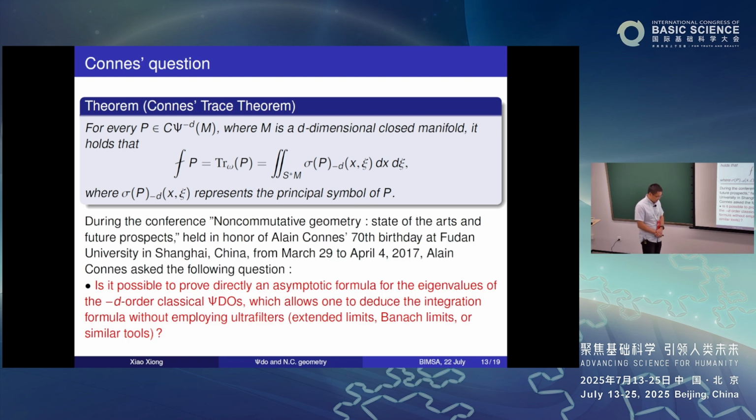So here let me introduce the question raised by Alain Connes at his 70th birthday ceremony in Shanghai. So he asked that for a pseudo-differential operator of some negative order, this d means the dimension.